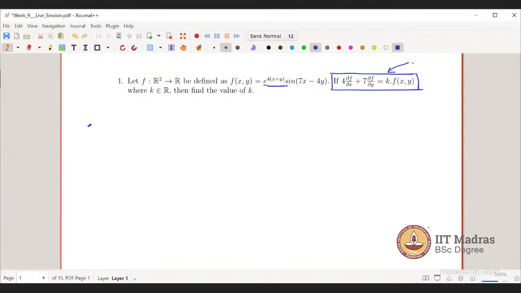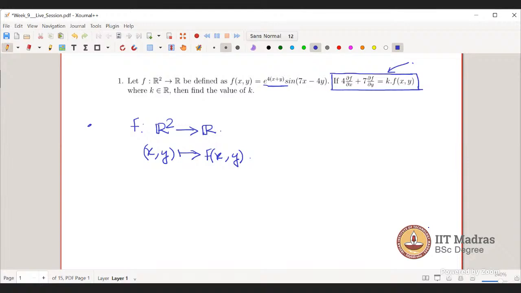Suppose you have a map from R2 to R, so this is a function of two variables.